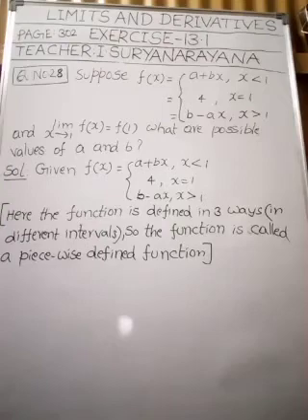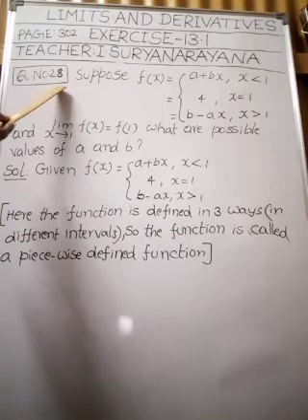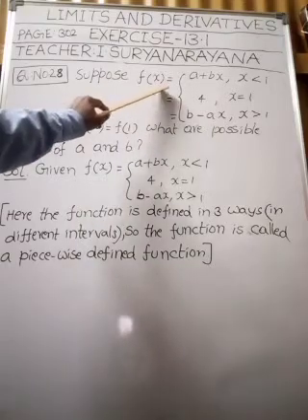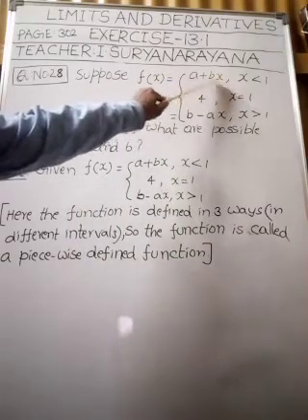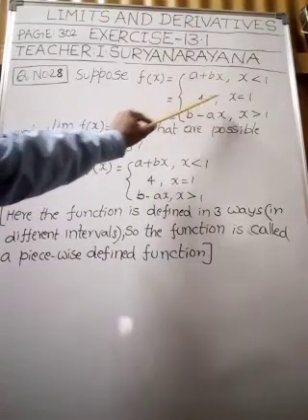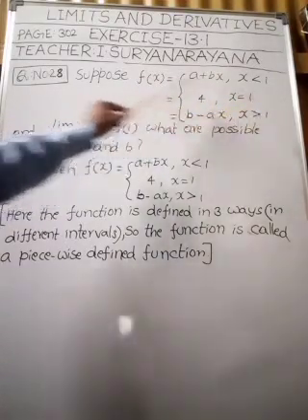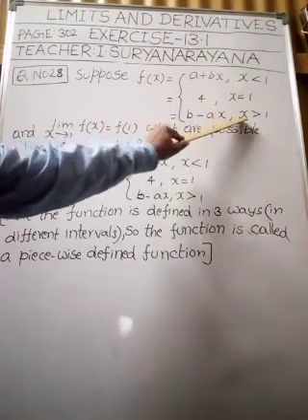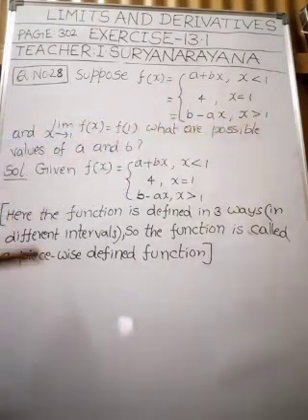Now come to question number 28. Next question, my dear children. Suppose f of x is equal to a plus bx, for x less than 1. f of x is equal to 4 when x is equal to 1. f of x is equal to b minus ax when x is greater than 1.